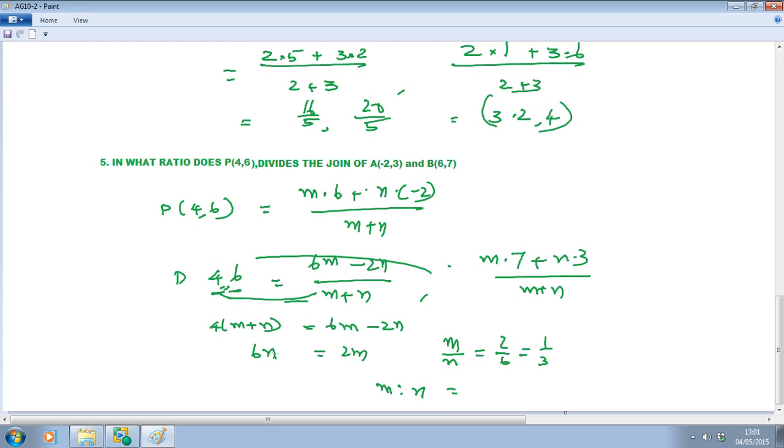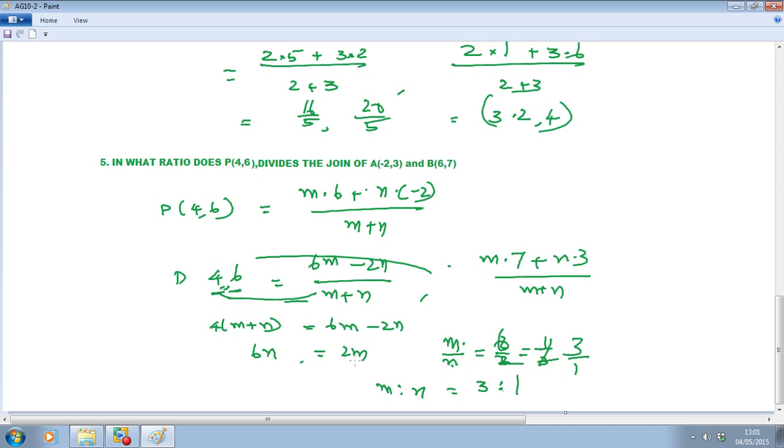M divided by N is 6 divided by 2, not 2 divided by 2. It's equal to 3 is to 1. 3 means you can write as 3 divided by 1.